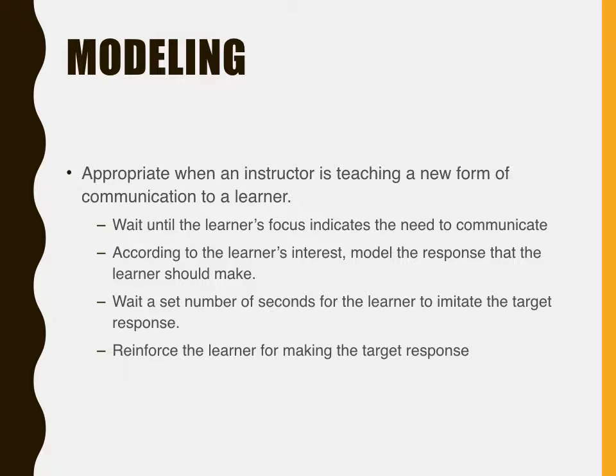You take the ball from the shelf, and you verbally model the word ball and wait a set number of seconds, like 5 seconds, 3 seconds, for your student to imitate the target response, and then you will reinforce the student for making the target response. So you can say, yes, this is ball, and you can give the ball to the student.